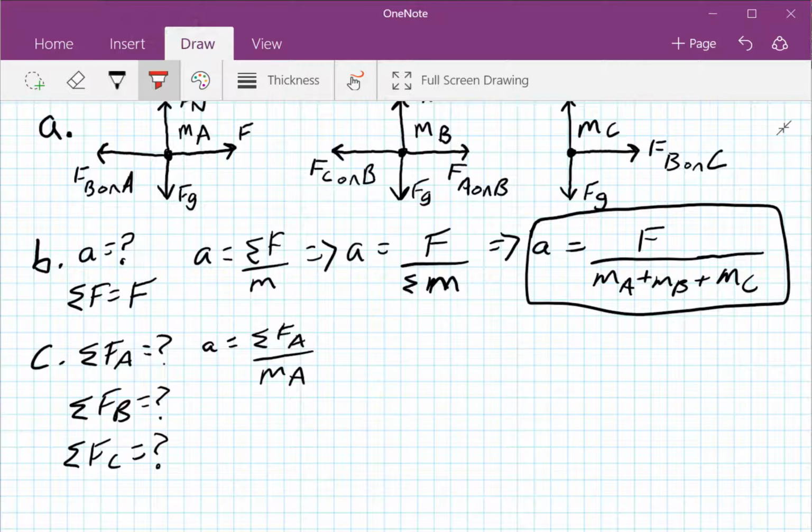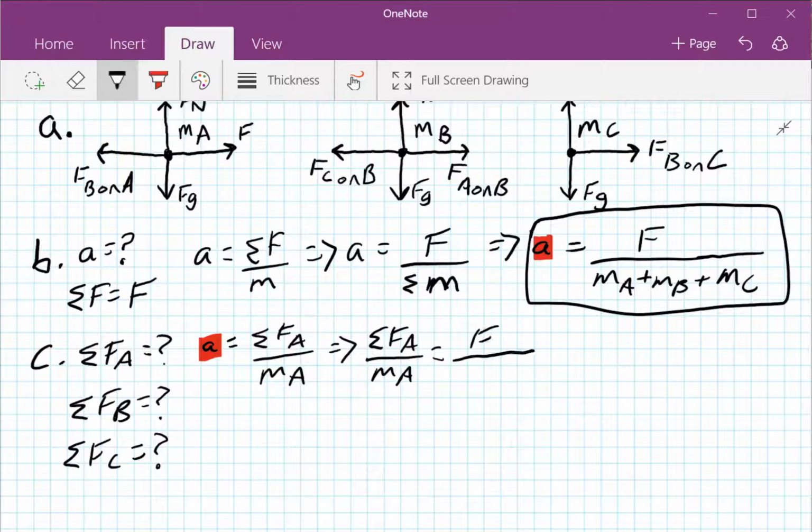I guess I'll use red. I can substitute A here, just like I had here. So I'm just going to set sigma FA divided by MA equals F divided by MA plus MB plus MC.